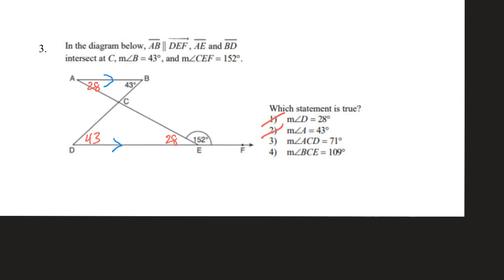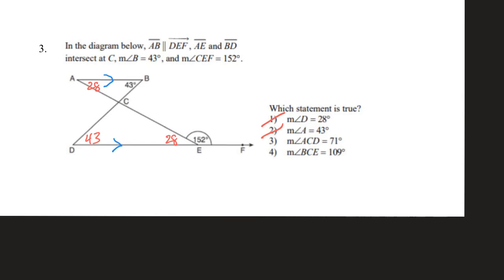All right, choice 3, ACD, which is this angle right here on the outside of these triangles. ACD is 71 degrees. Well, if you notice, the angle that they said was 71 degrees is an exterior angle of triangle ABC.